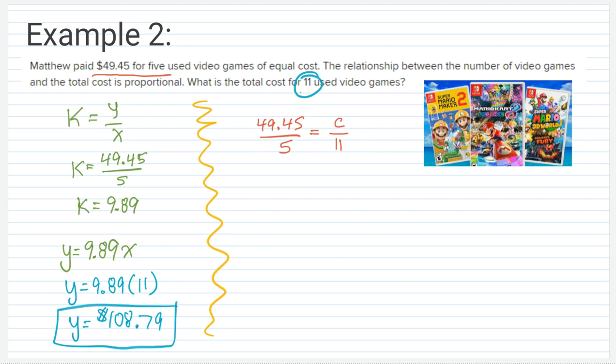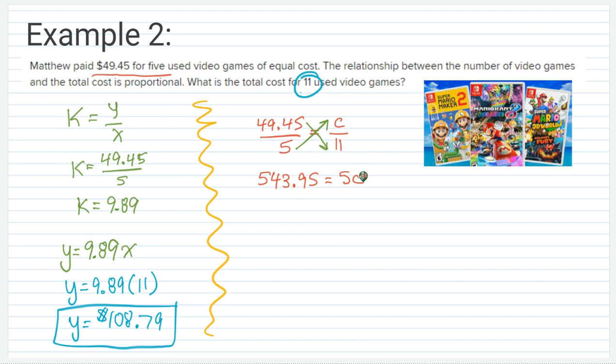All right, so now that I have my proportion set up, I'm going to go ahead and do cross products. So we're going to do 49.45 times 11, and then we're also going to do 5 times c. The 49.45 times 11 is going to give us a total of 543.95, and then 5 times c will just be 5c.